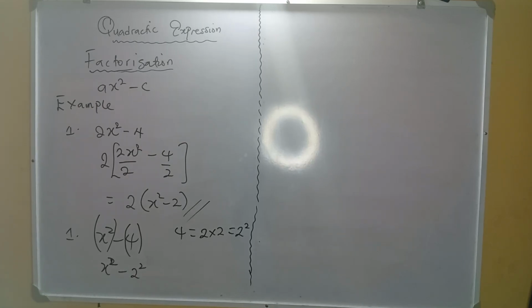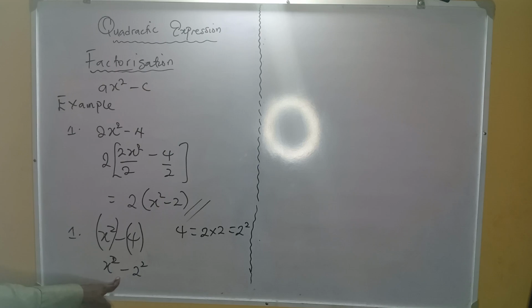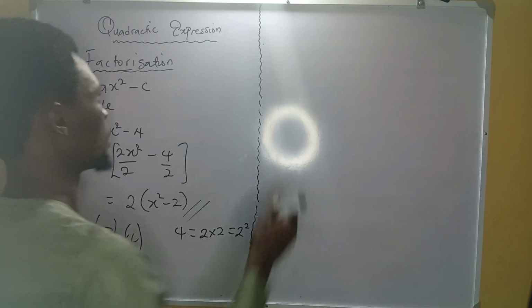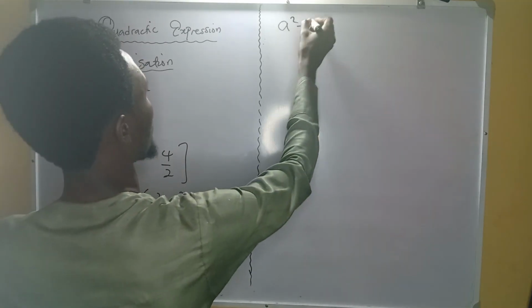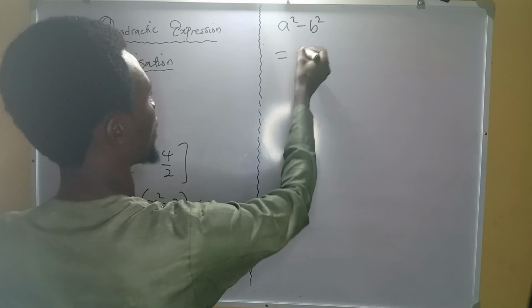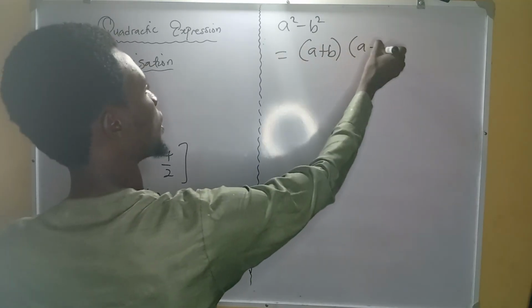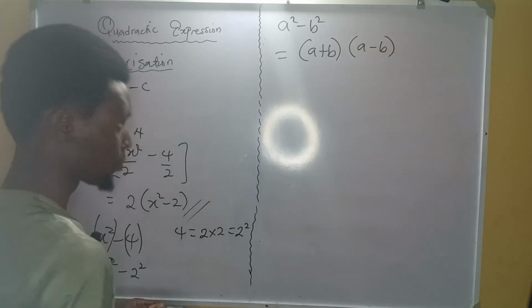So we'll show you the short way of factorizing this. Whenever you have a difference of squares, there is this rule: if I have a squared minus b squared and I'm asked to factorize, it is the product of the sum and the difference.